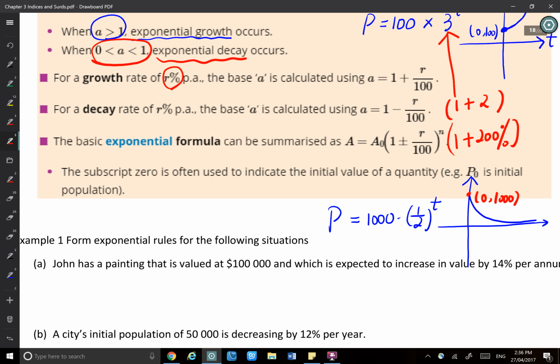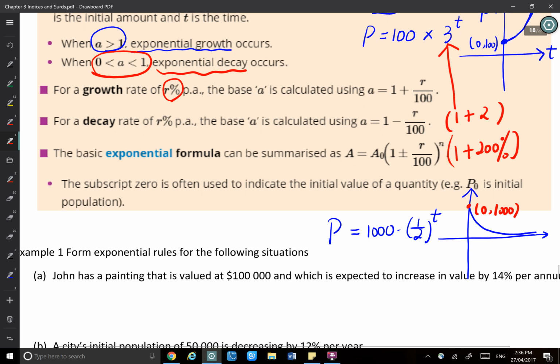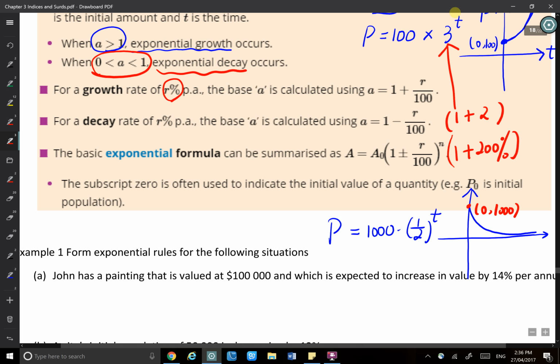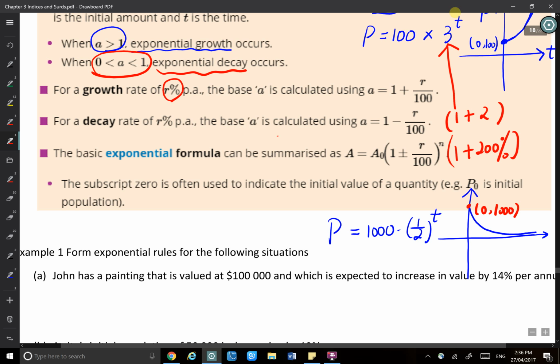Now for decay, if there's a decay rate of R%, let's say the population is decreasing by 30% per year, then the a value is calculated as 1 minus the rate.